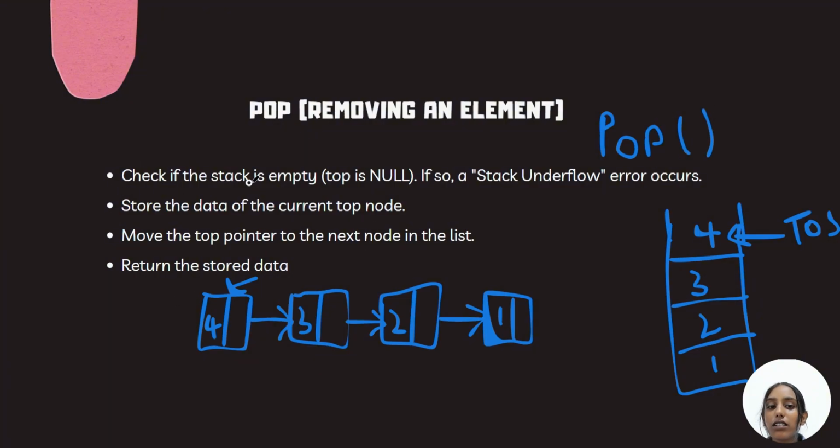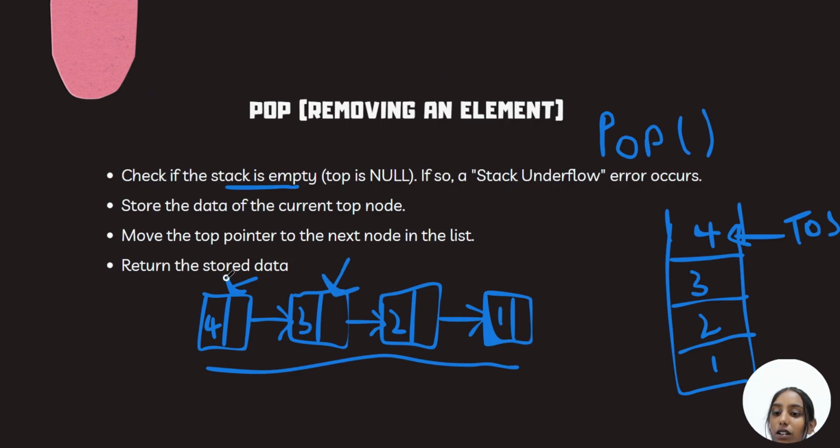The first thing that we do is check if the stack is empty. That is, if the top is null. In this case, the stack is not empty. So it would store the data of the current top node, that is 4, and then it would move the top pointer to the next node in the list.